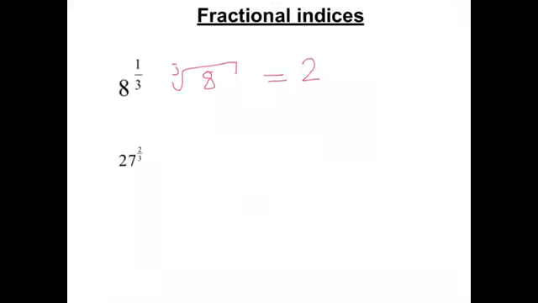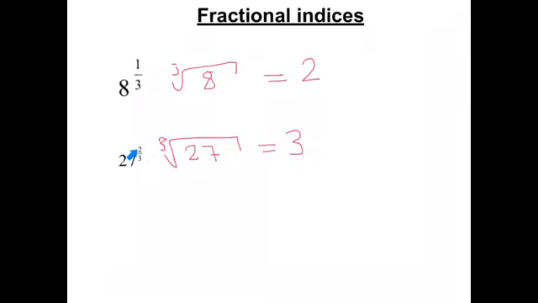Finally, this example. As you can see, we've got a denominator of 3, so we're going to cube root 27, which gives us the value of 3. But then we've got a numerator value here of 2.